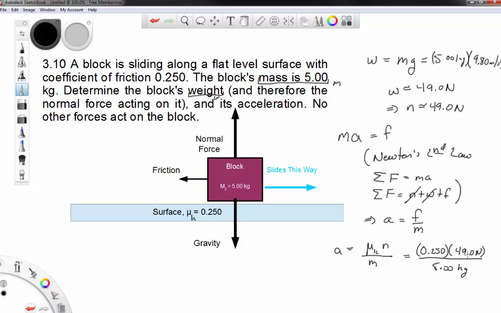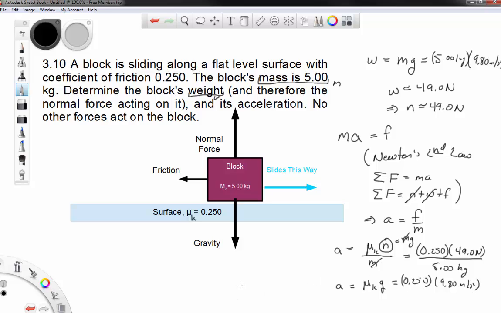But notice we don't actually need to put in both of these numbers, because this normal force was given by the mass times the free fall acceleration. So we could have just canceled these two masses out and been given that the acceleration is the coefficient of friction times the free fall acceleration, or 0.250 times 9.80 meters per second squared.